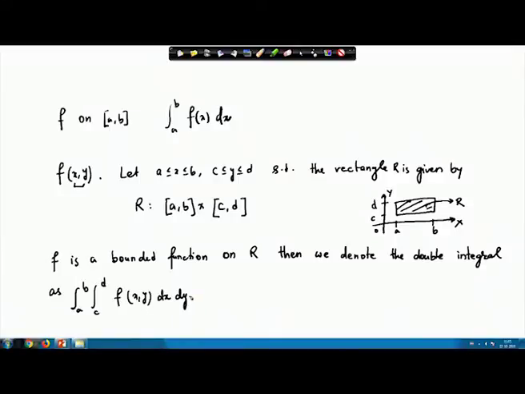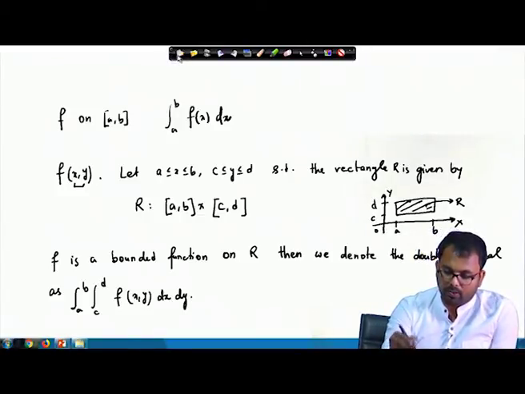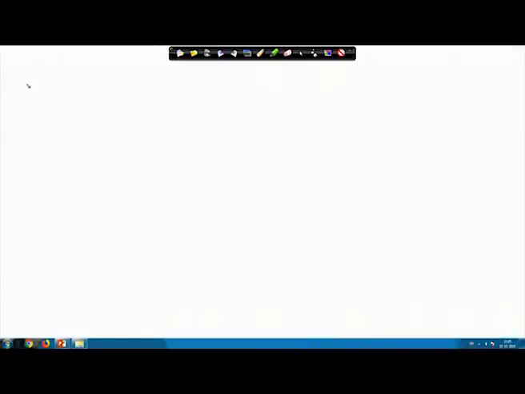So let us give a formal definition for this double integral. For the time being, we will perform the double integral on the rectangle only. So, the double integral on the rectangle R, where R is a to b times c to d.